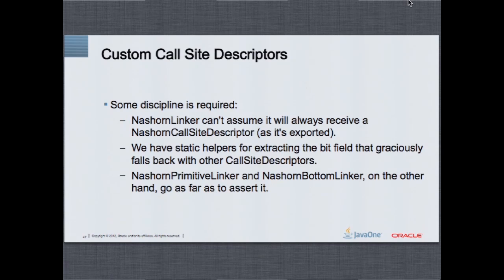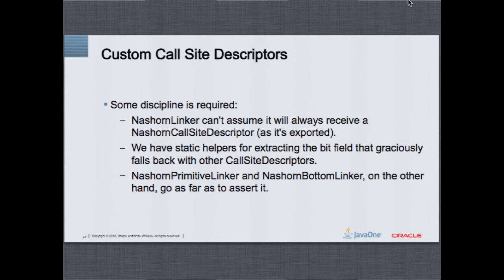Some discipline is required when you're doing this, because Nashorn linker itself cannot assume it will always receive one of these, since it's an exported linker. So you can get into a situation where you have maybe a Python or a Ruby implementation that uses Dynalink, and sometimes you will get a request in a Nashorn linker, maybe your Ruby runtime will get a Nashorn object, and the Ruby runtime will need to link to an operation on that Nashorn object, and it will pass it its own Ruby CallSite descriptor.